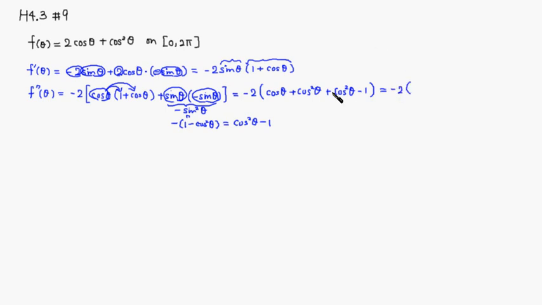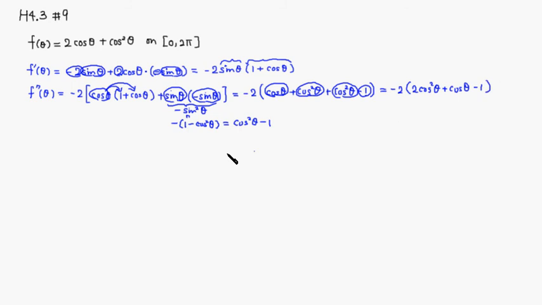Right? So you have 2 cosine squared of theta, and then you have a 1 cosine of theta, so that's this guy, and then minus 1.